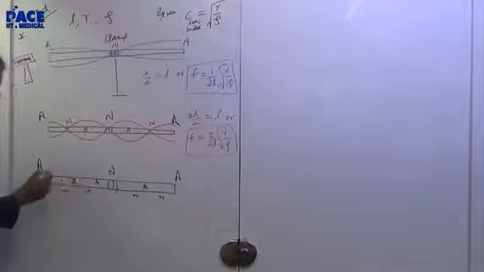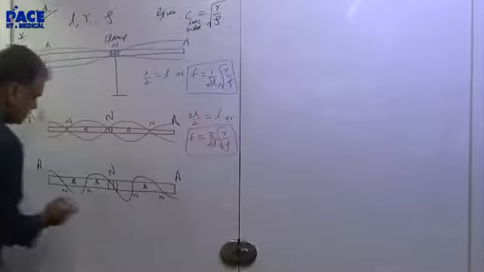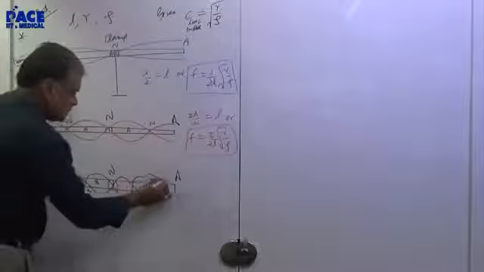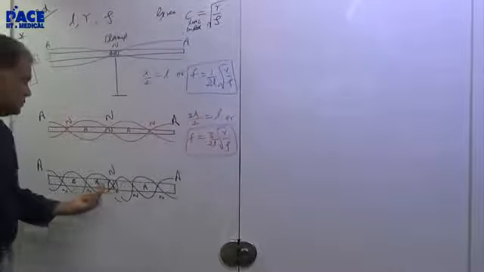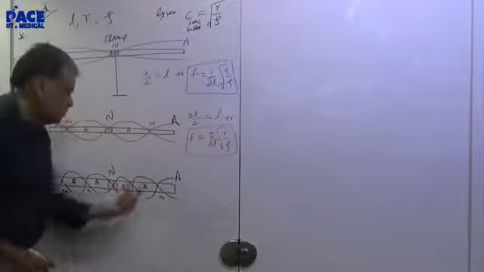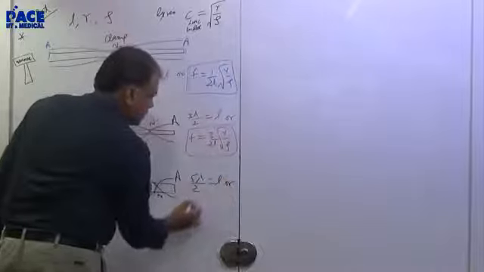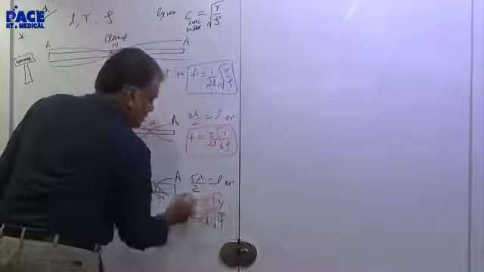Between the nodes you'll have antinodes. So here we go 1, 2, 3. The picture looks like this at the nodes. There 1, 2, 3, 4, 5 lambda by 2 equals L, or the frequency is 5 by 2L root Y by rho.